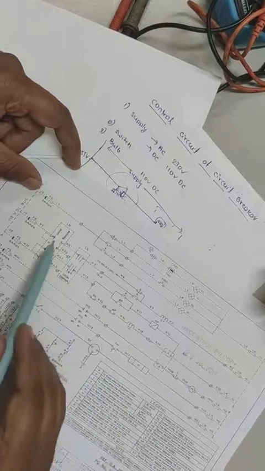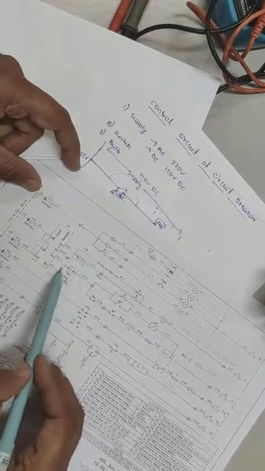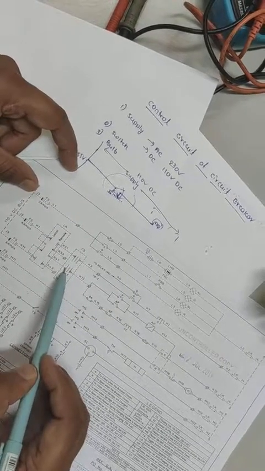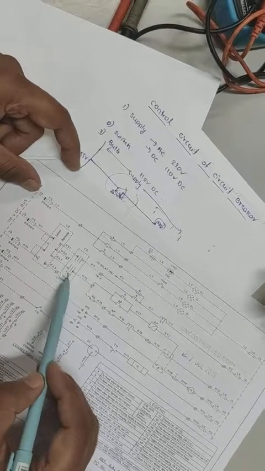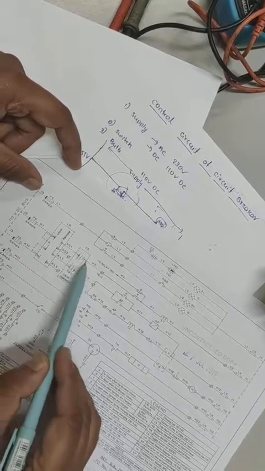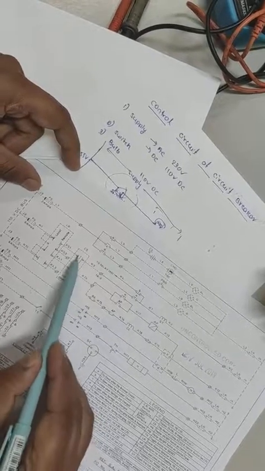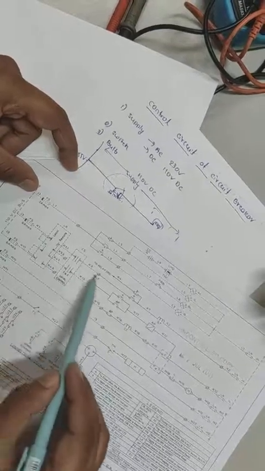Local means these two contacts will make, and the positive voltage will be readily available at the K51 and K41 terminals. Once you give T or C, T means this contact will get closed, C means this contact will get closed. So T, this contact will get closed and positive voltage comes here.